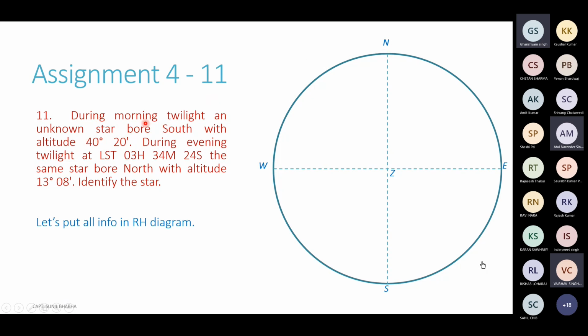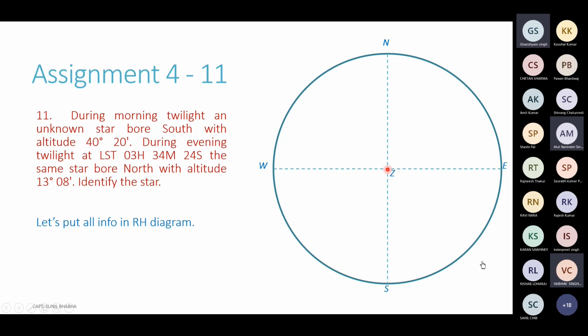Now they have told us that during morning twilight, the star was bearing south. South bearing in this diagram is represented by this line ZS. The point S is on the rational horizon with altitude 0.